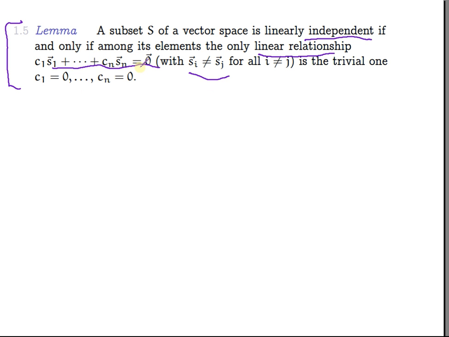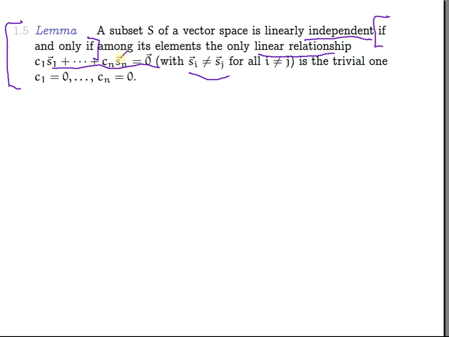You can see this is similar to the previous statement. Instead of linear dependence, we have linear relationship, and we want to show that these two ways of phrasing the definition are equivalent. Notice here we have if and only if.